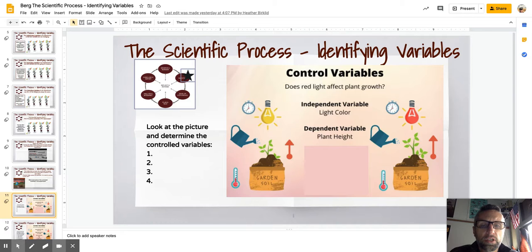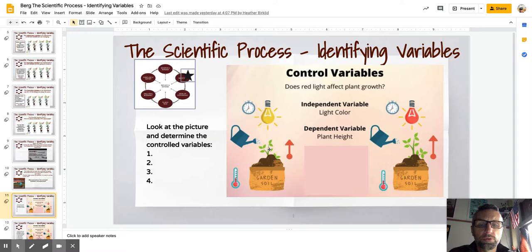Here, we're looking for different colors of light. So that's our independent variable. So hopefully from the nice pictures, you can see, hey, look, the only thing that's different about these 2 things is the color of the light bulb. And we're saying we want to measure the plant height. How far does it grow?